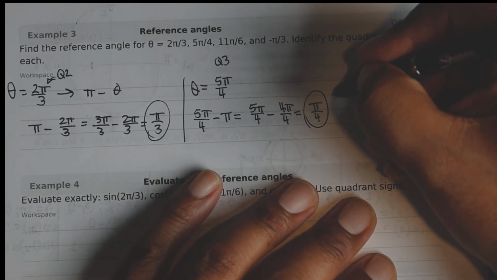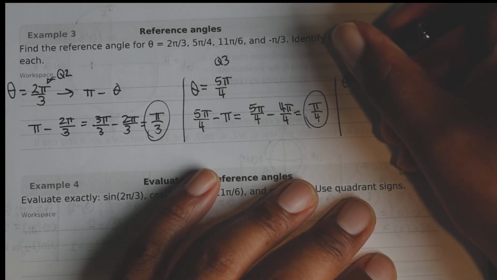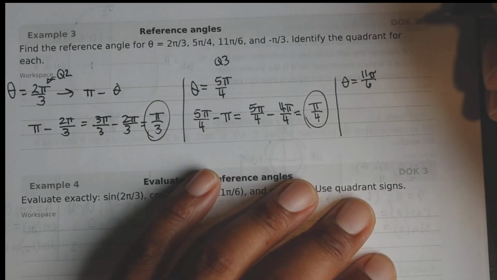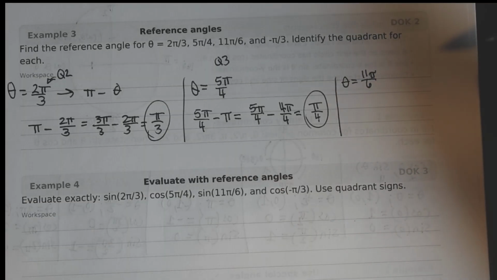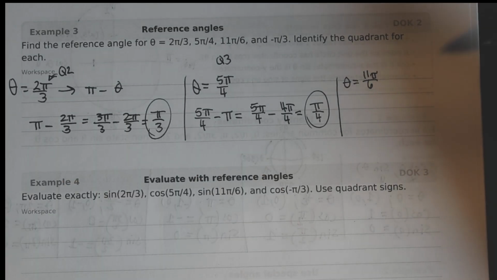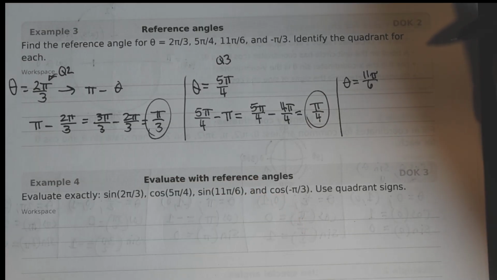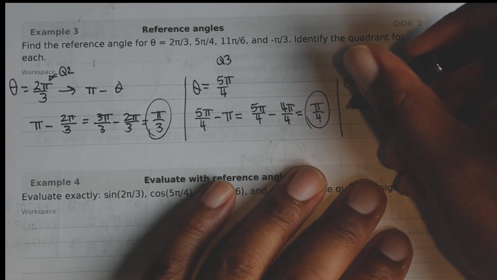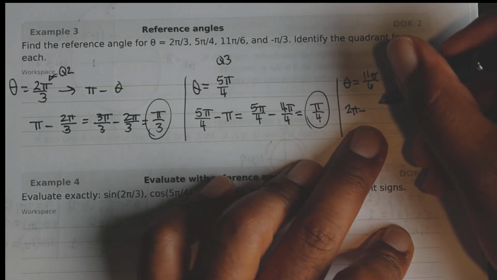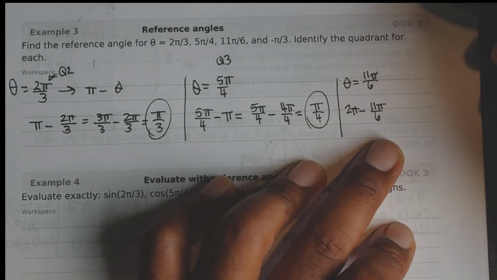Now we're going to use 11 pi over 6. So theta is 11 pi over 6. Okay, that is going to be in quadrant number 4. And what we do is we're going to subtract from 2 pi. So 2 pi minus 11 pi over 6.